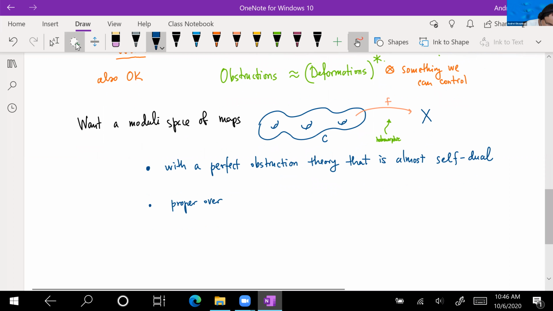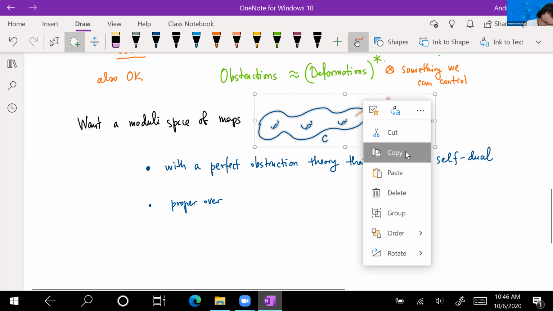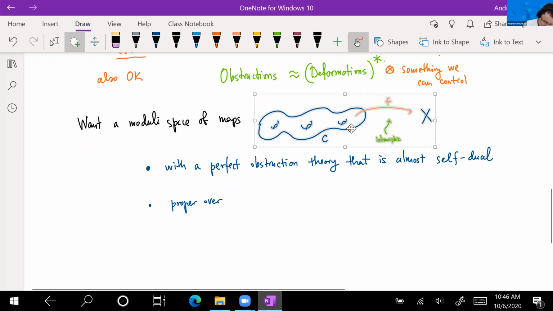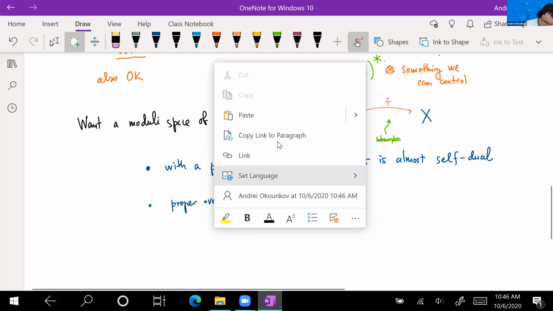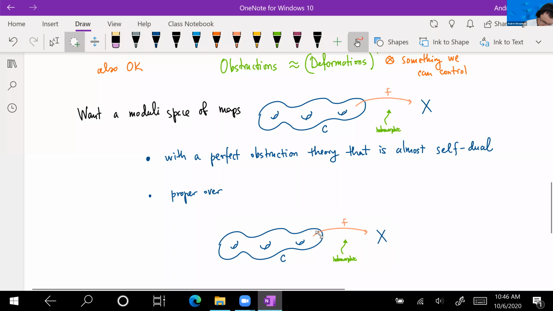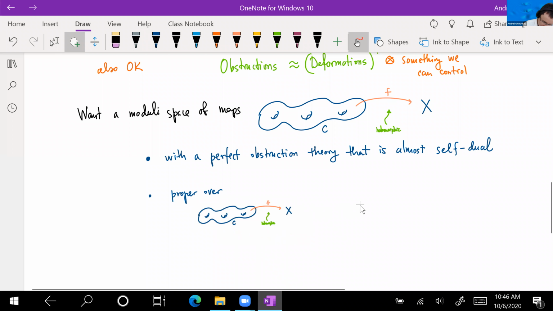So if I have a curve in X, the way I've written it, then X we can further map.